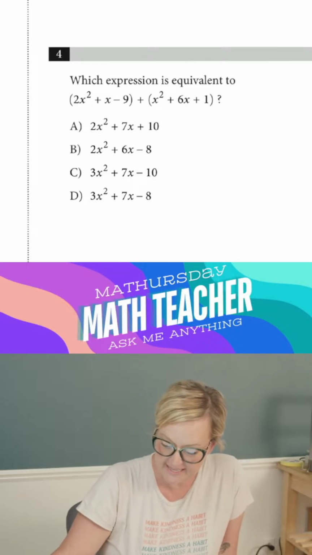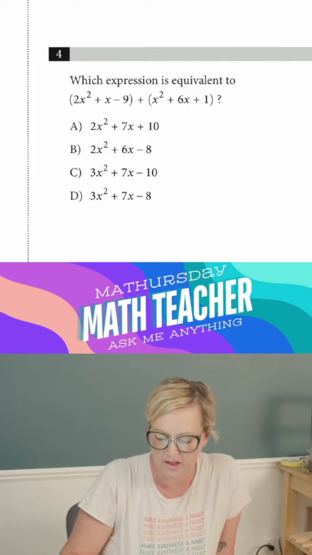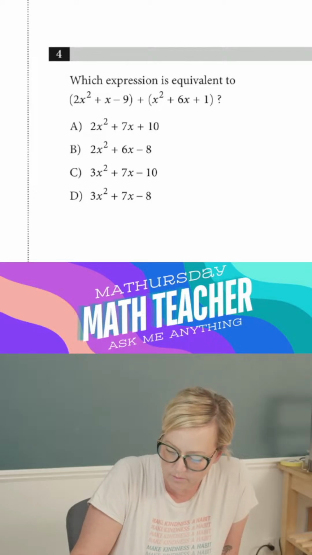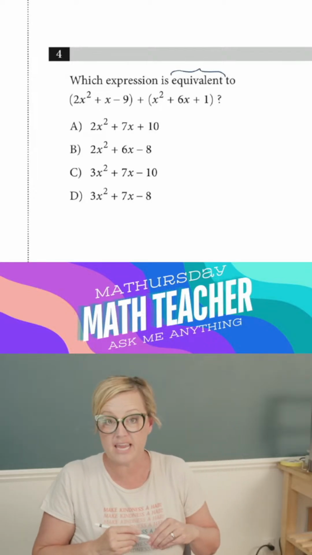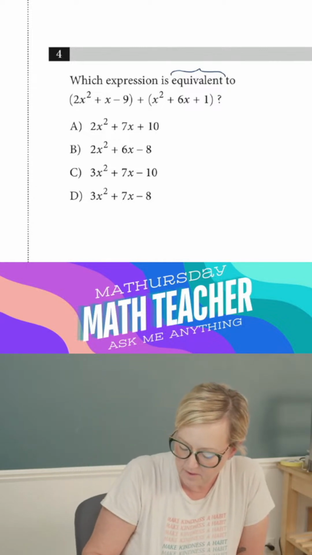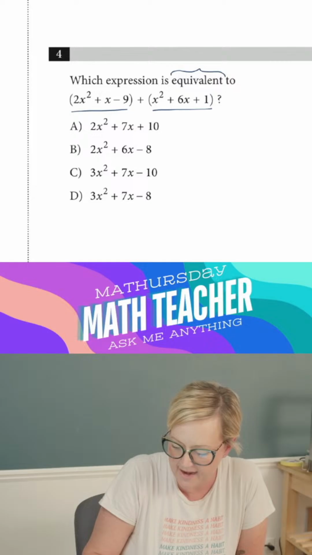All right, so let's get into this. So I saw a lot of great things that you guys were asking, a lot of really good questions. So with this, when we've got this equivalent, okay, equivalent means equal, okay? So we've got really two different pieces in here, right? And we are adding them together.